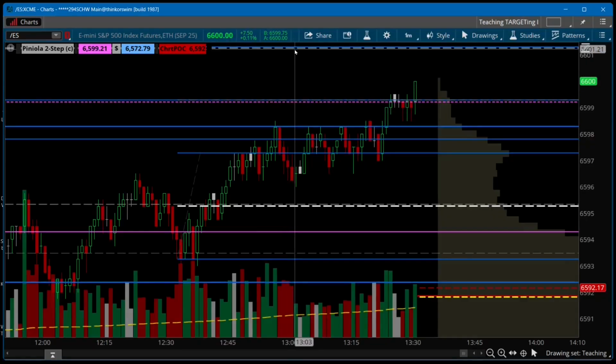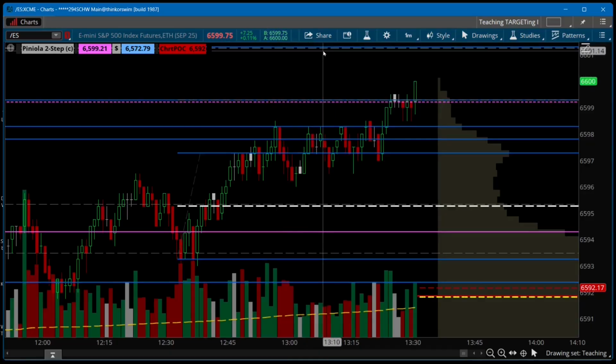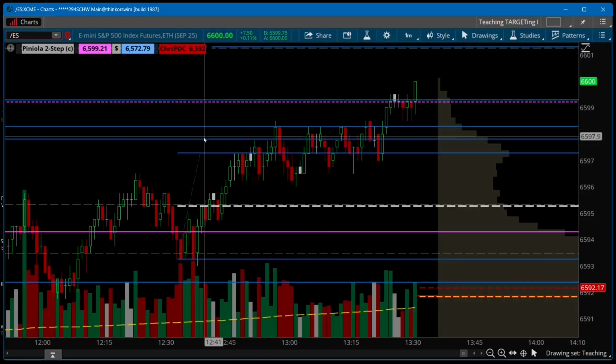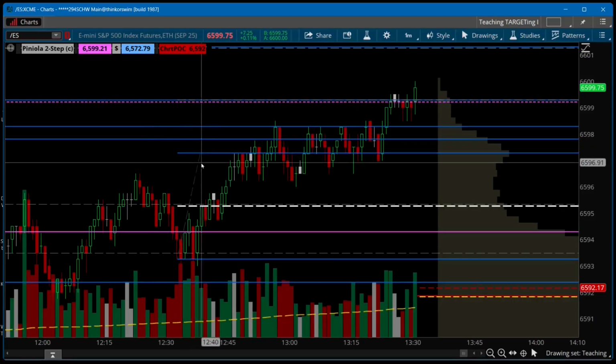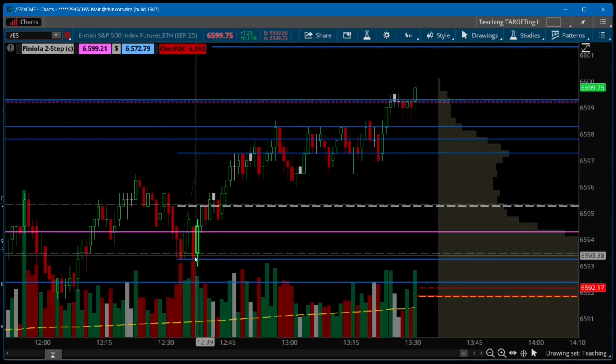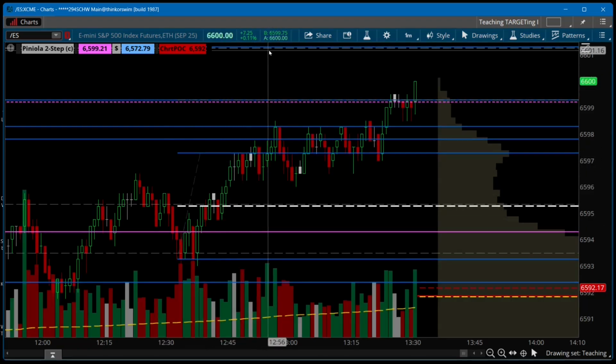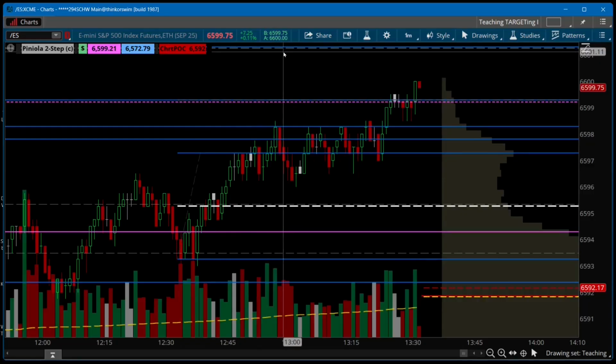And it may go higher than that, but if I was in a trade, I'd be out right here when it gets up to this point. If you watch those first two videos of mine, you'll know that when I get to a 2.0 move, that's generally when I take almost all the way out of my positions.